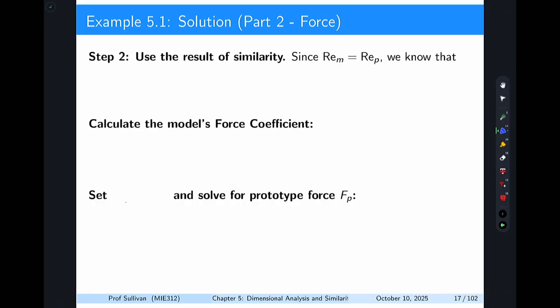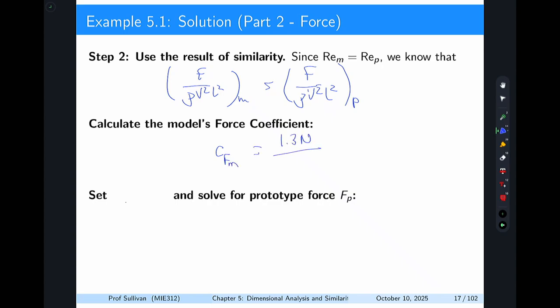So if we do the same thing, we can say that force over rho v squared L squared of the model is force over rho v squared L squared of the prototype, and CF of the model is equal to 1.3 newtons over 1263, 0.3 squared, 0.1 squared, which is 1.14.